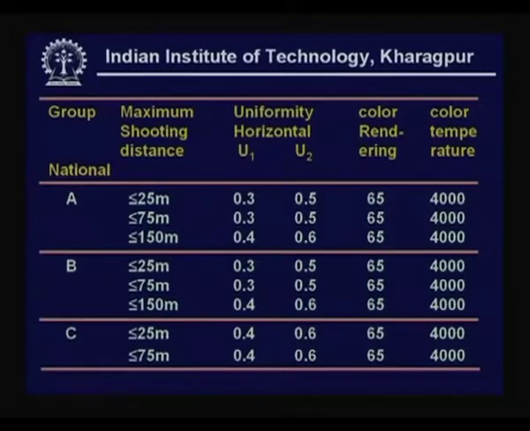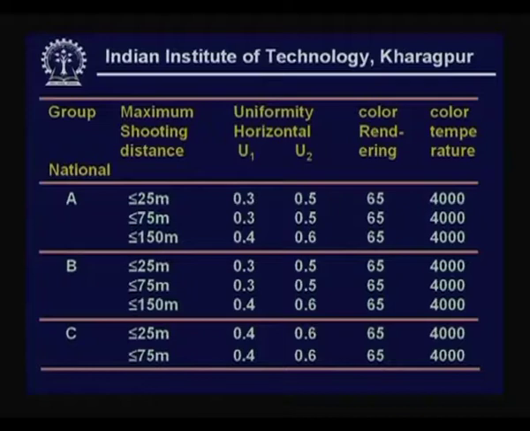So, the previous table had given us the recommended levels for the uniformity indices in the vertical plane. This table has given us uniformity indices in the horizontal plane. So, we have been looking at the illuminance requirements from the point of view of national TV coverage.